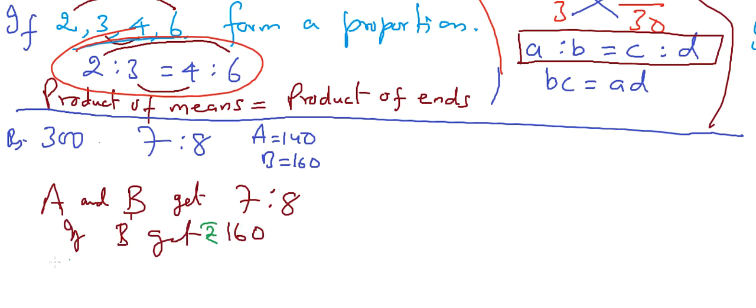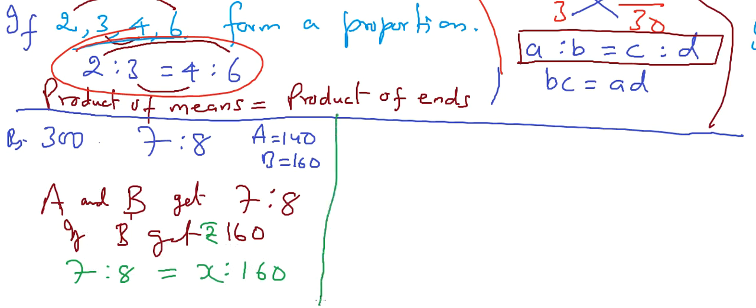We can write it as a proportion. So both 7:8. If A gets 7 parts, B will get 8 parts. But it's given here B got 160 rupees. That means the second part is 160. But the first part we don't know. Let's take it as x.